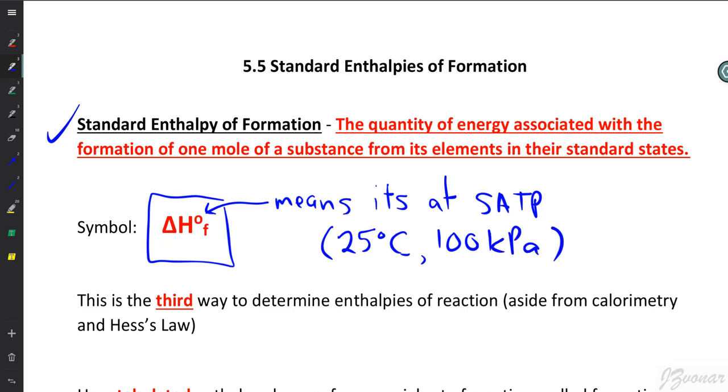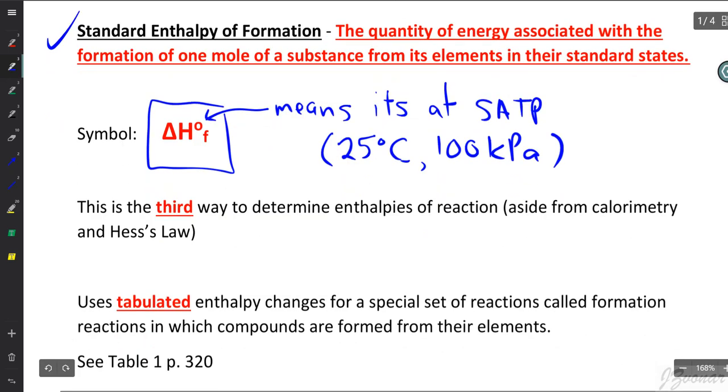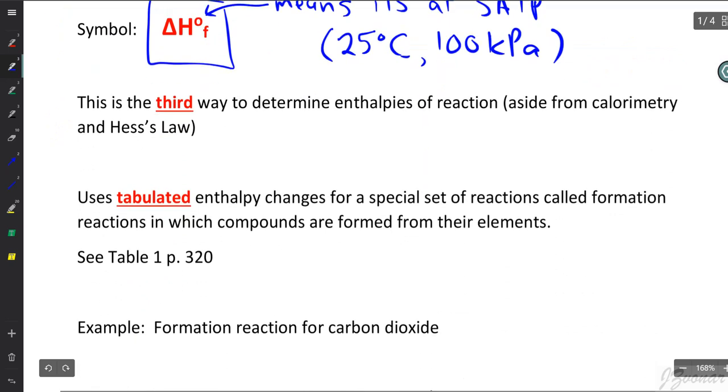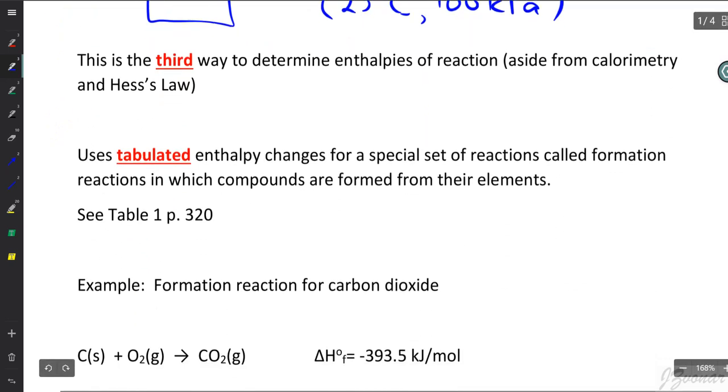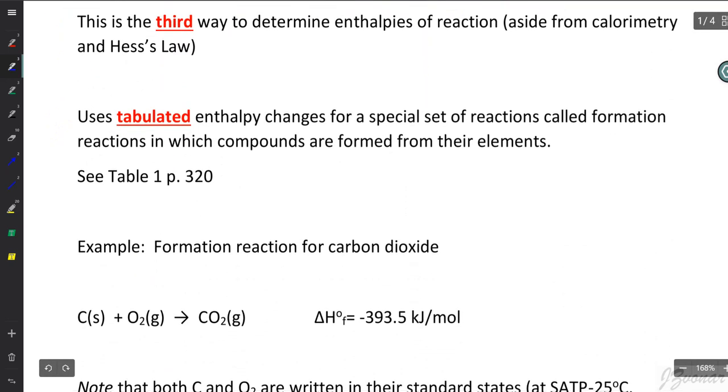All right, and so this represents the third way in which we can determine the enthalpies of reaction, besides using calorimetry and Hess's law. So this information, as I've mentioned, is tabulated, and we can find it in a lot of different reference forms.